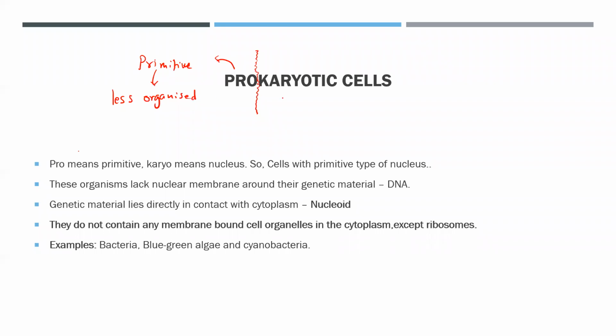And the word karyo means nucleus. So cells with a primitive or less organized nucleus are termed prokaryotic cells. The word pro means primitive and karyo means nucleus. So these cells have a primitive type of nucleus, or are less organized.